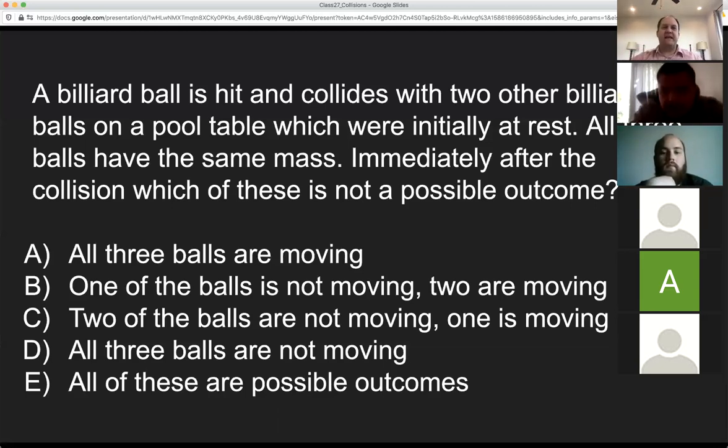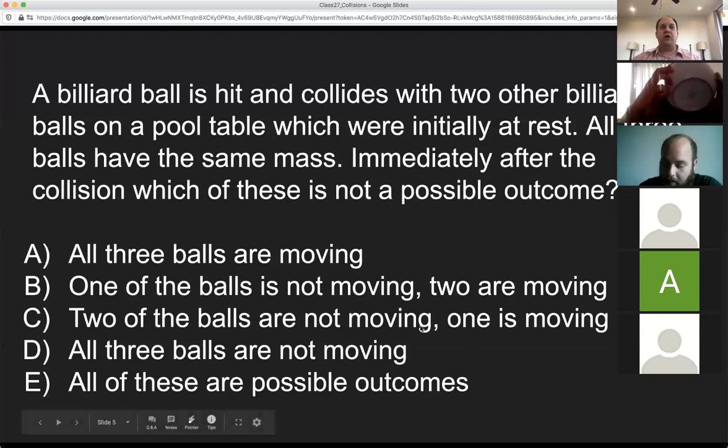Most people said D, and D is actually the correct answer here. All three of the balls not moving is not a possible outcome. The reason for that is simply that momentum has to be conserved. If there's some momentum initially, we can't end up with a scenario where there's no momentum anywhere, right? So the other ones are all possible.